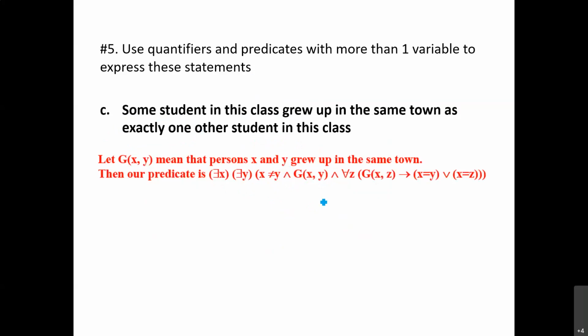And for every z, if x grew up with z, then that means either z is y or z is x. So if there is another person that x grew up with, then either that person is also y or it's himself, like you grew up with your own self, your own consciousness.